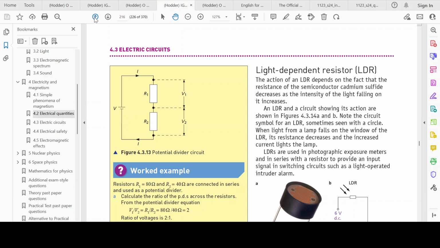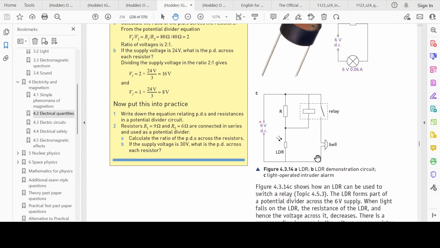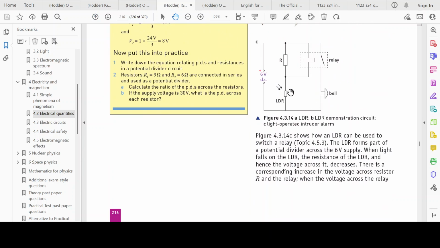Okay, so the way this is working, right, the light falls, resistance falls, right, voltage falls. Voltage increases over here, that moves to the relay, right? If the voltage across the relay is high enough, this switch, the relay switch closes, it allows current to flow to the bell, right? And the bell rings.